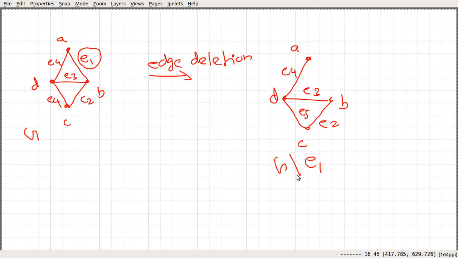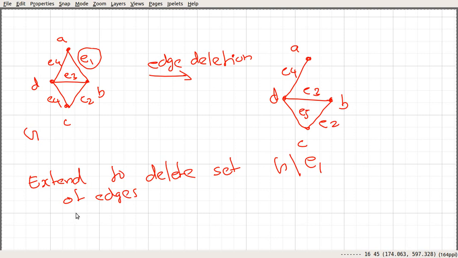If you encounter a backslash in graph theory, it means edge deletion. Similarly here also we can extend this to delete a set of edges.